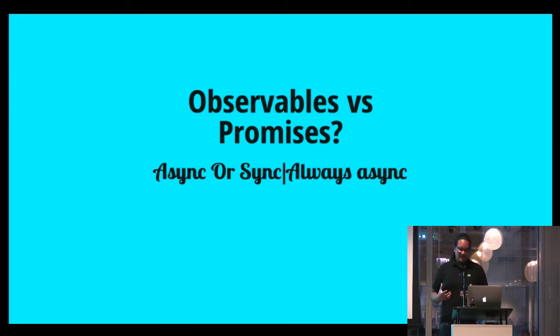One of the big things is that promises are always async. You have no say in that matter. But observables, as you've seen from our previous slides, can be asynchronous or synchronous. It really depends on your producer values. So you have that choice, that freedom to go one way or the other.